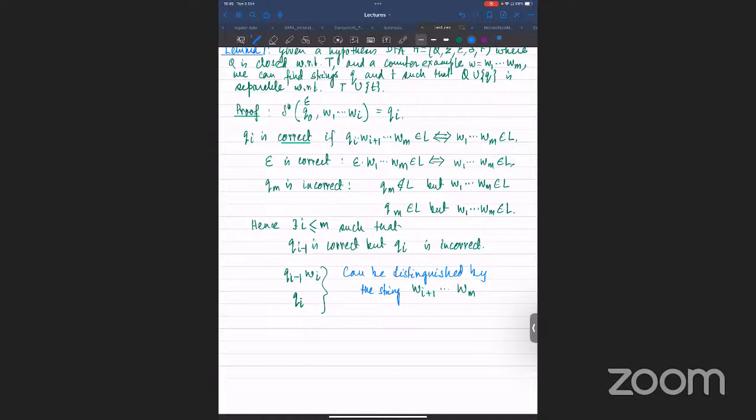So what is happening if this is correct and qi is incorrect? Let's again understand: what does it mean to say this is correct, and this is incorrect?